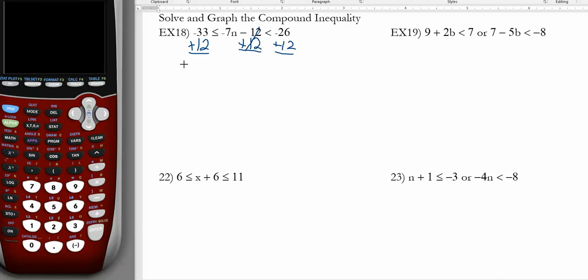So we have negative 21 is going to be less than or equal to negative 7n, which is less than negative 14.